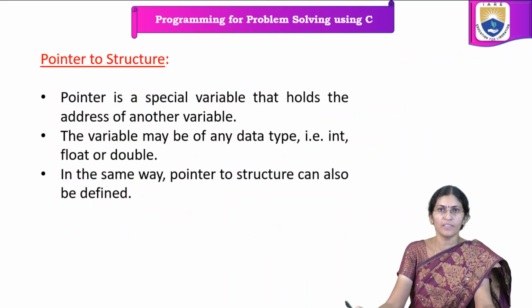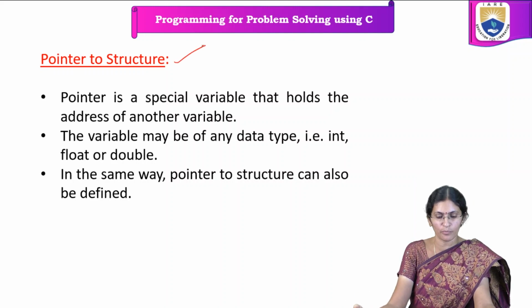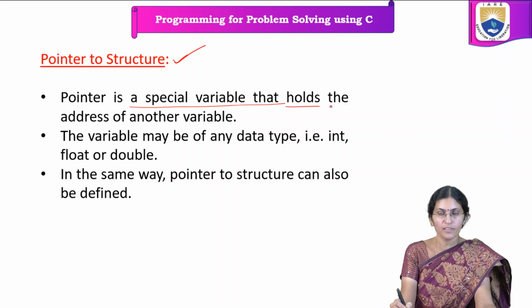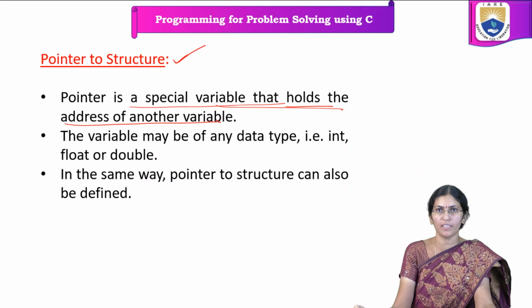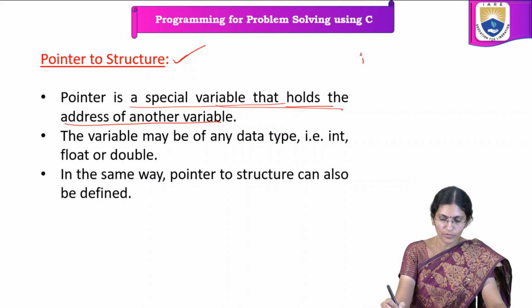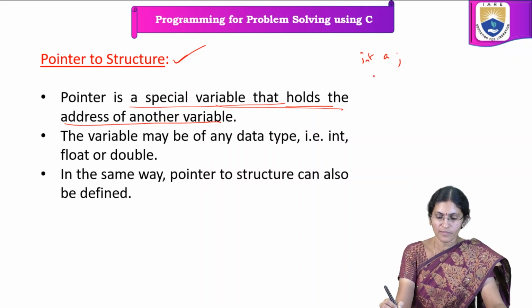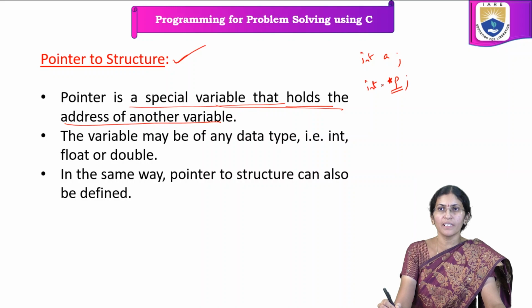Next, we'll see the concept of pointer to structure, or structure pointer. We know that a pointer is a special variable which holds the address of another variable. Suppose, for example, we have a normal integer variable a. In order to declare a pointer variable, we precede the variable with a star symbol.